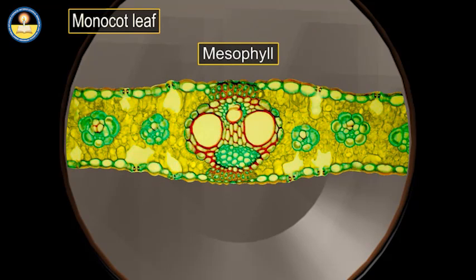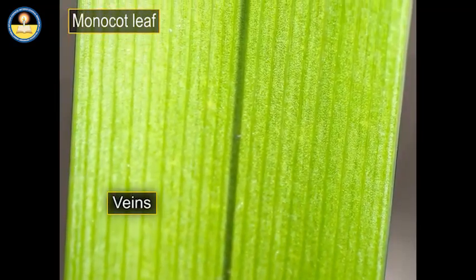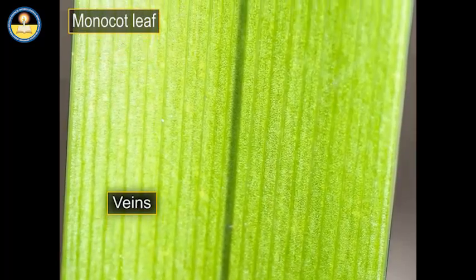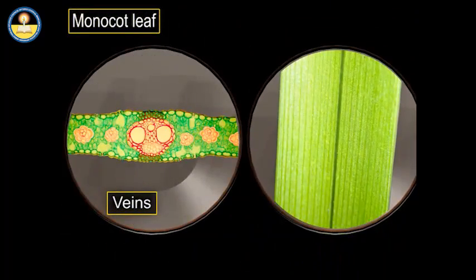Mesophyll is not differentiated into palisade and spongy parenchyma. As a monocot leaf has veins that run parallel to one another through the length of the leaf, they are visible in the microscopic view like this.